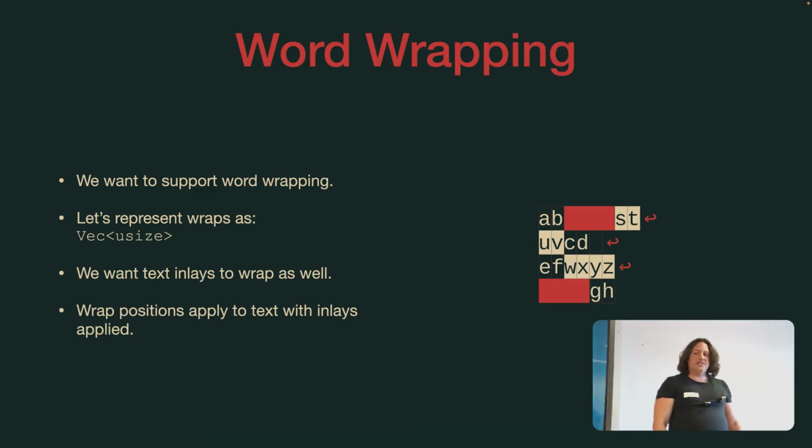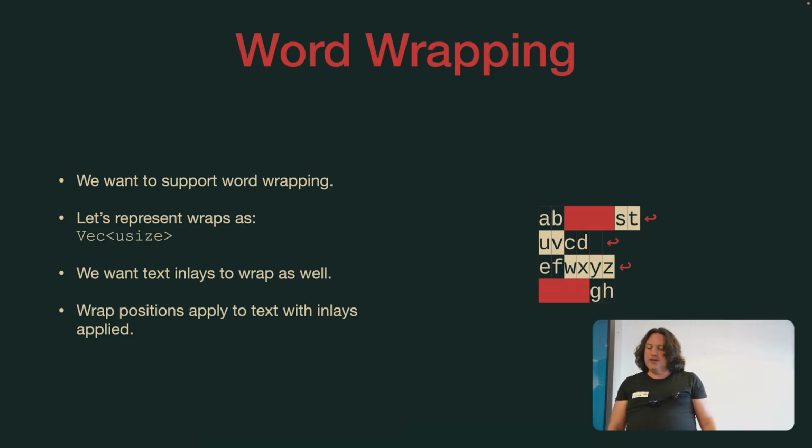Then there's word wrapping. That's probably the worst feature you could ever build, and I wouldn't recommend you ever build it because it makes everything more difficult. We do want it though, so I did end up implementing it. The idea is that you have a couple of positions in your text where you add a soft line break. So it doesn't have an actual text representation, but it still breaks the line into multiple rows.